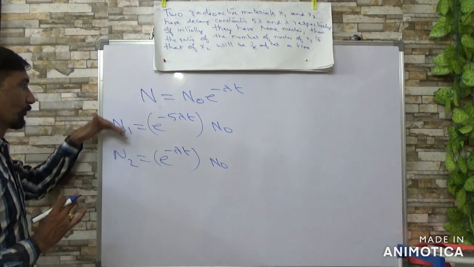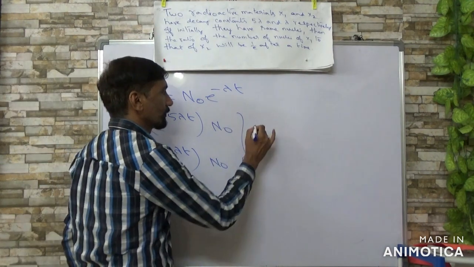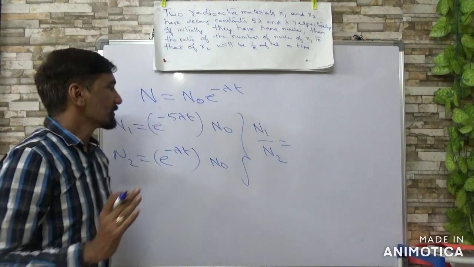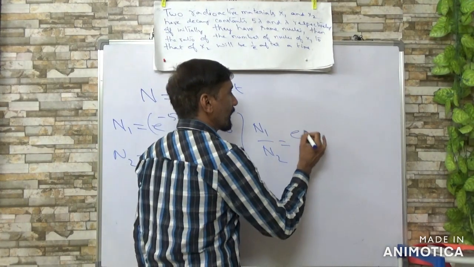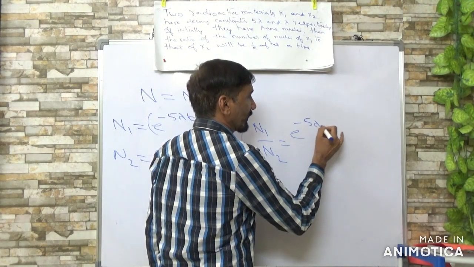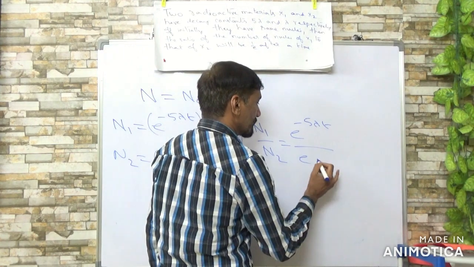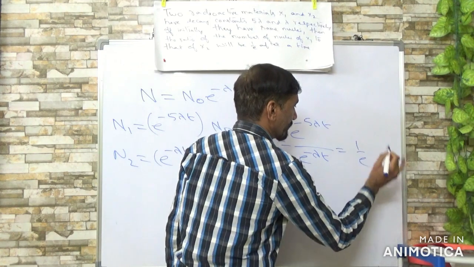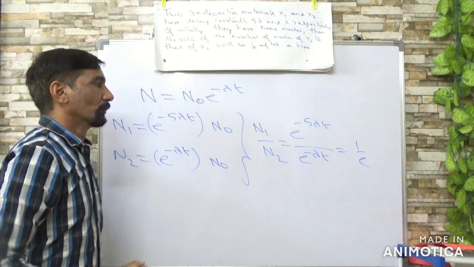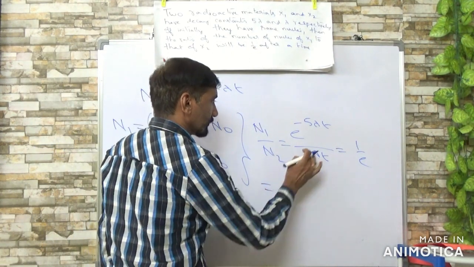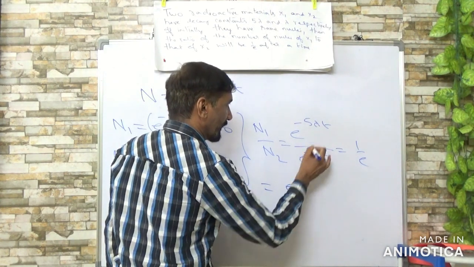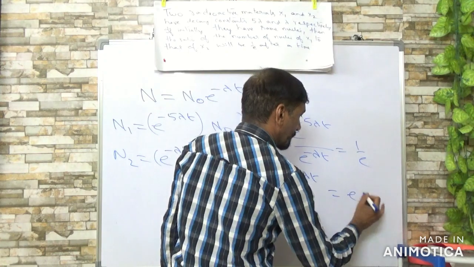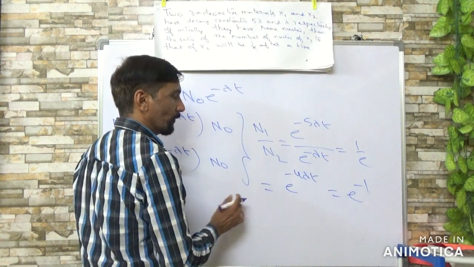Now the ratio N1 by N2 is equal to e power minus 5 lambda t by e power minus lambda t, which is given as 1 by e. So this can be taken as e power minus 4 lambda t, which is equal to e power minus 1.